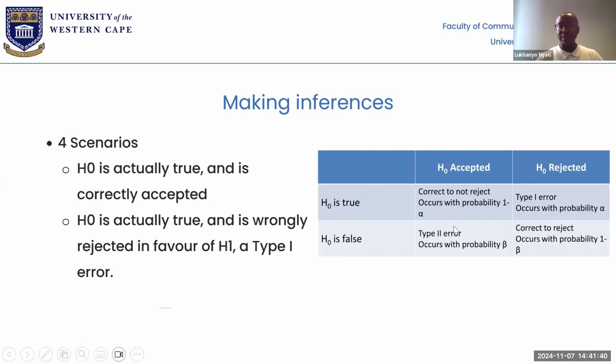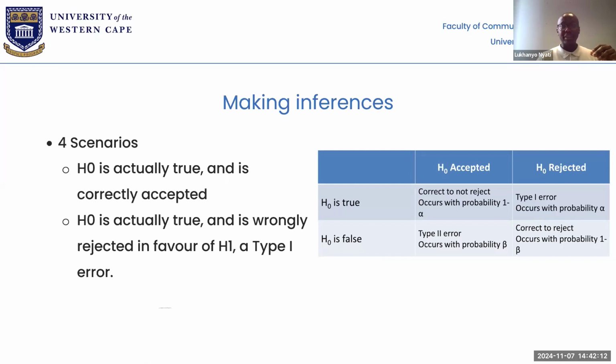It's 1 minus alpha. In some tests, we set alpha at 5%, and that is a significance level. So if you're setting it at 5%, 1 minus alpha will be 95%. We're saying one could be 95% confident that this result is true. All right. So that's the first scenario.